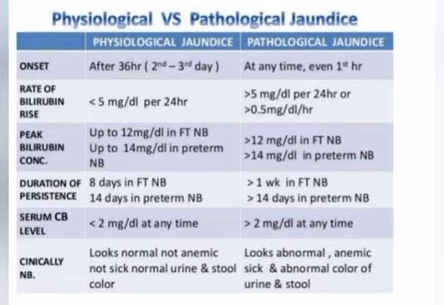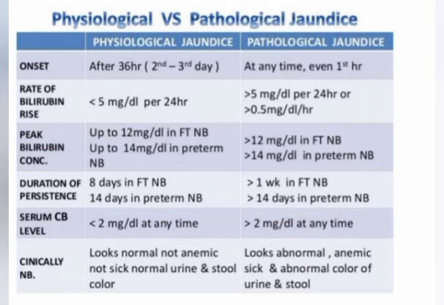Then the duration of persistence in physiological jaundice is 8 days. It will last 8 days if the baby is under fluorescent tubes, whereas in pathological jaundice it can last more than 1 week.